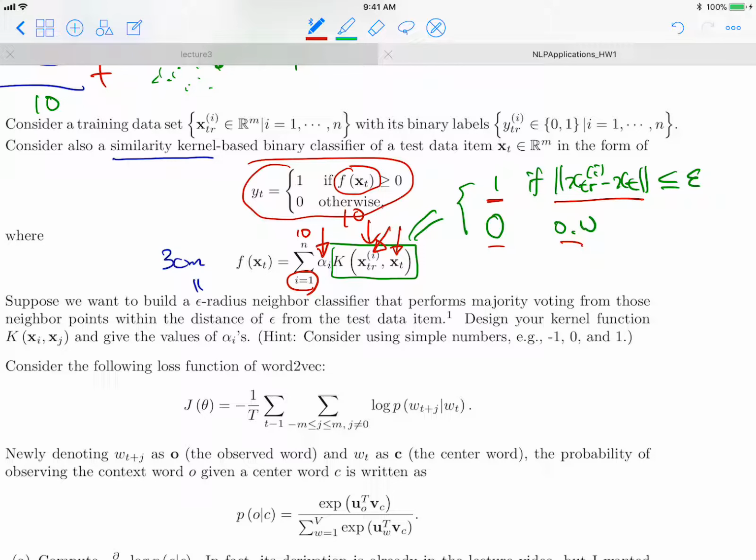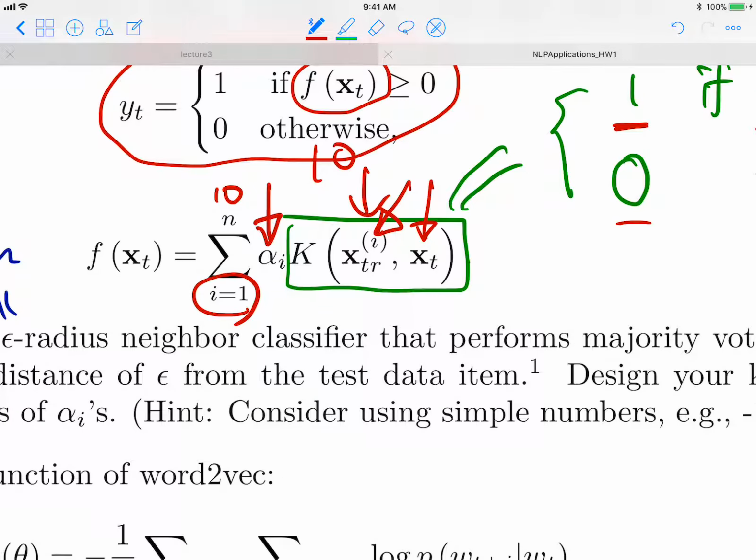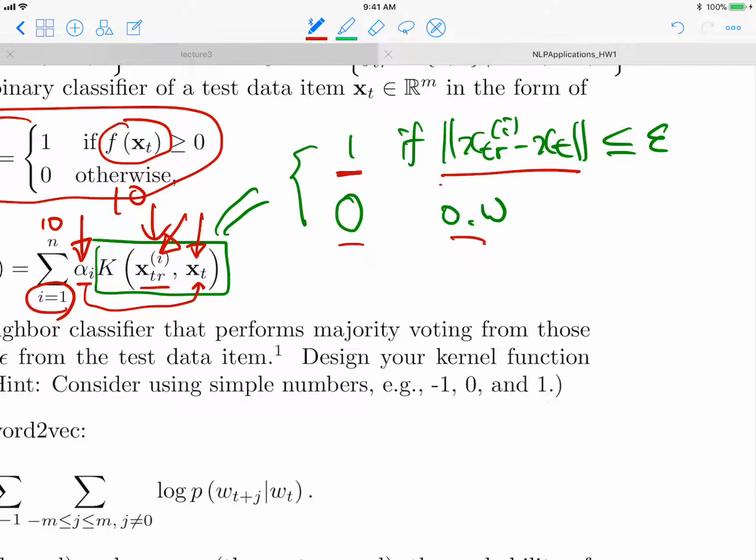But alpha i should only depend on, for example, the training example, not on the test data. If alpha i is changing depending on whether this condition is satisfied or not, it is an incorrect answer, because alpha i shouldn't be dependent on the test data.